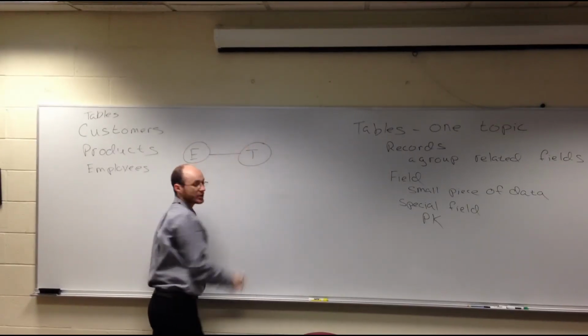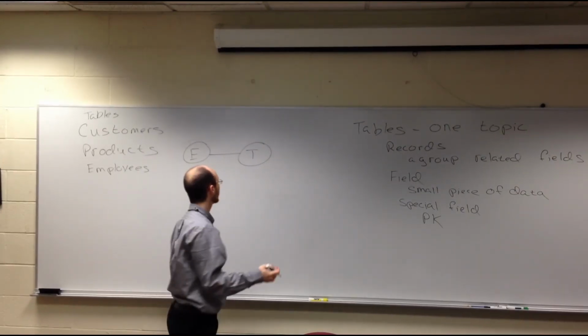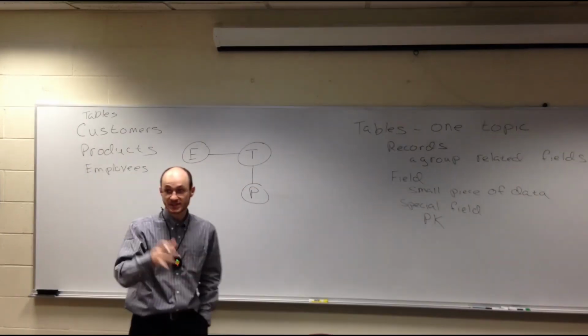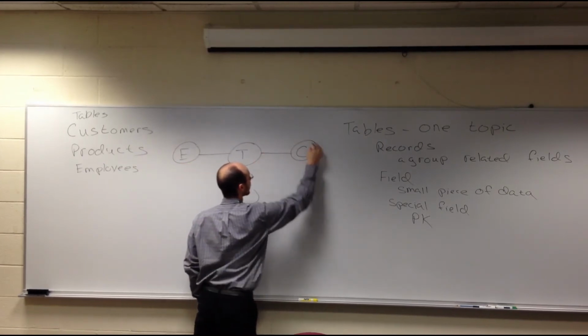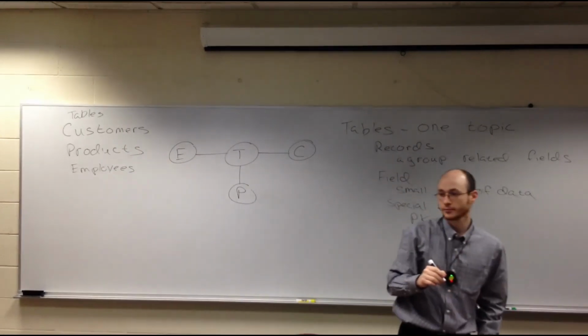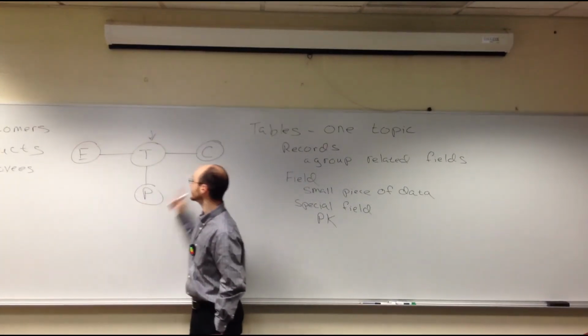Anytime you sell something, it becomes a transaction. Employees sell products to customers. Do you see I had to make a new table to get these three tables to play nicely?